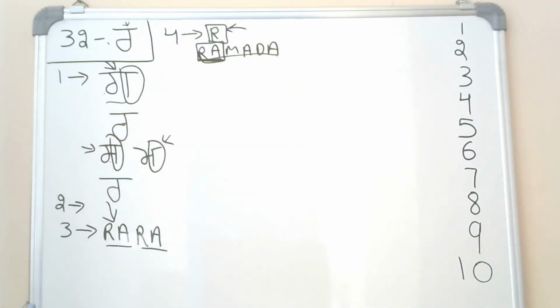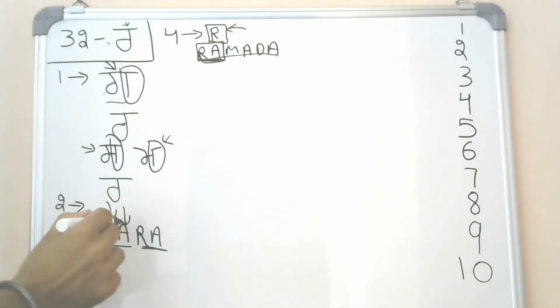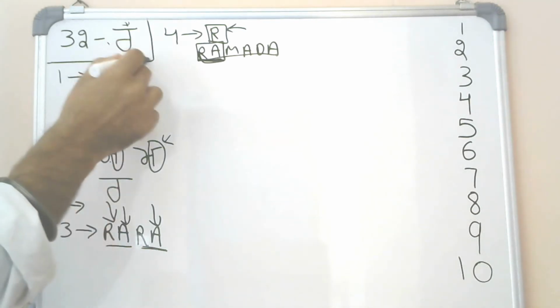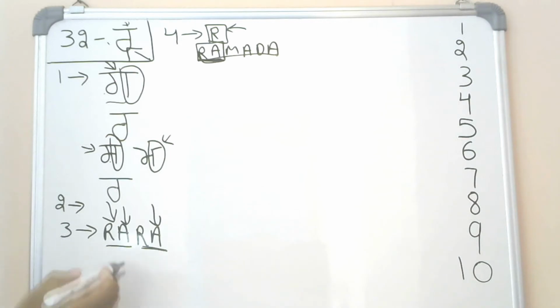Remember this, it is a little confusing, but let me say it again. Here the sound is Ra and ra. That R sound comes here and here. It will make the whole letter. If we say what that letter is, we say ra, ra.